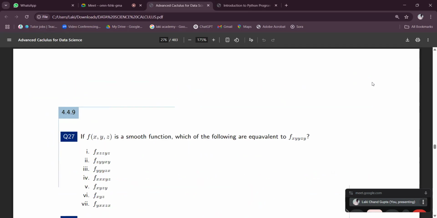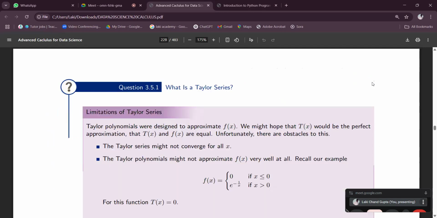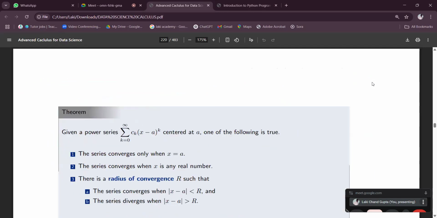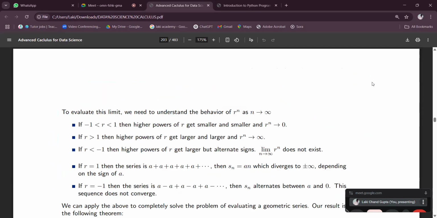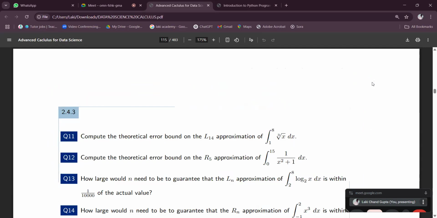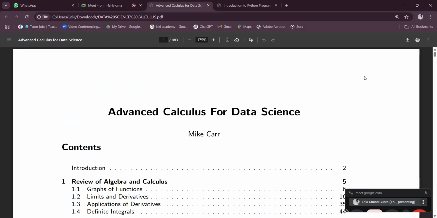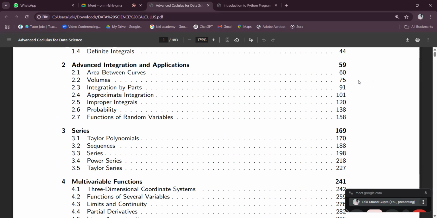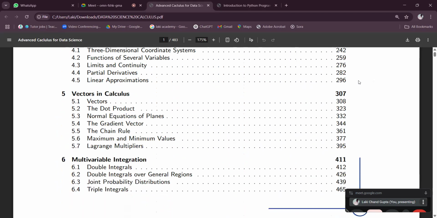Gradient vector is very important. Suppose you are given a scalar value and you are asked to find its vector value, then you have to find its gradient vector. Gradient vector is very useful for finding volume. In so many things it is used. So next time we will discuss gradient vector.